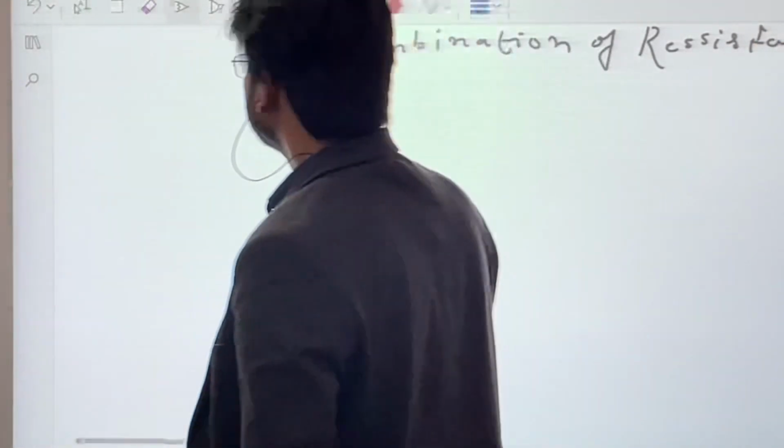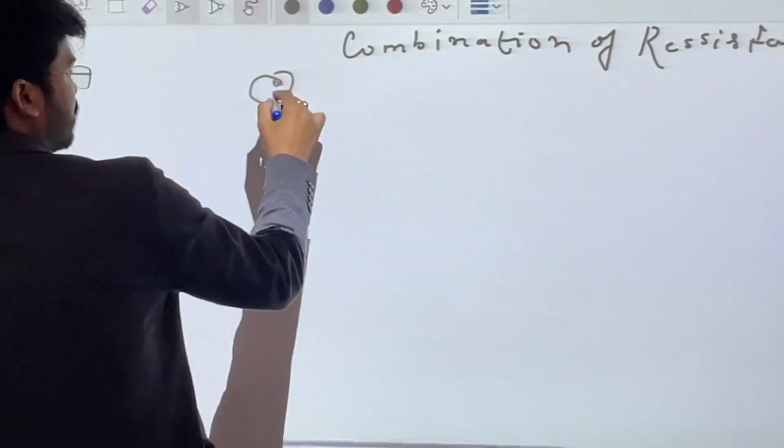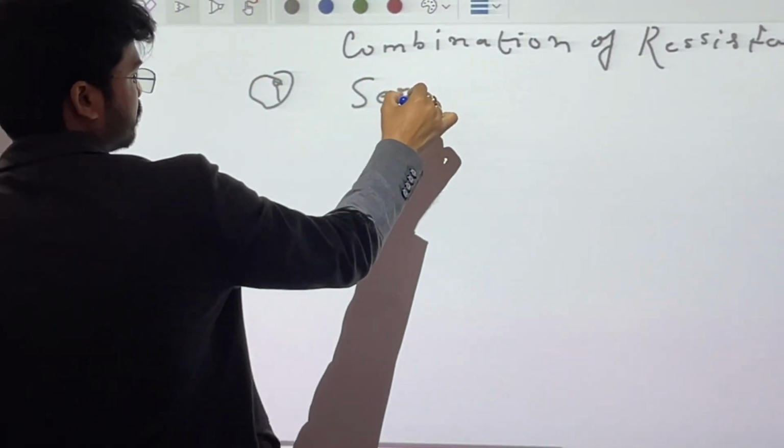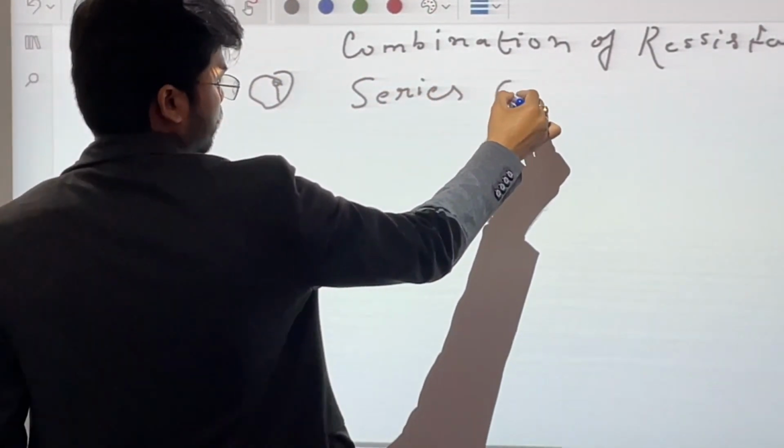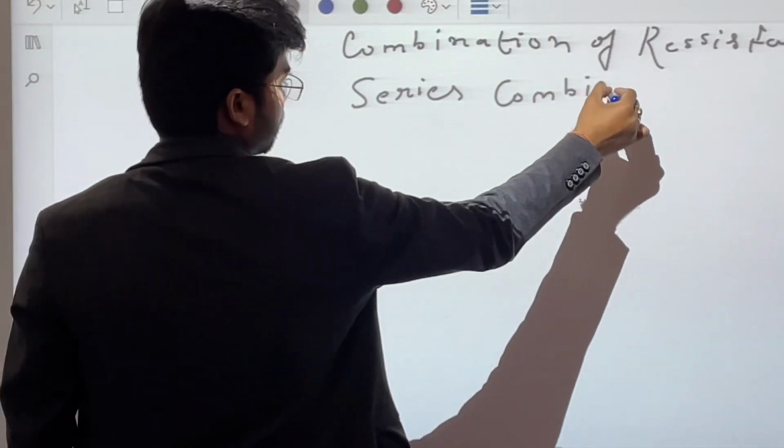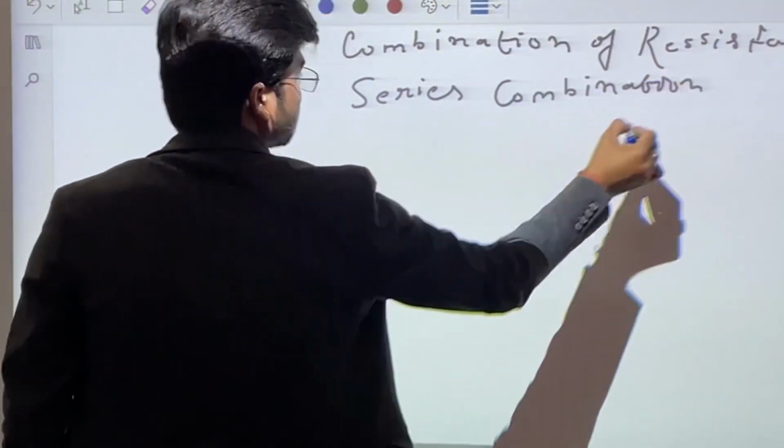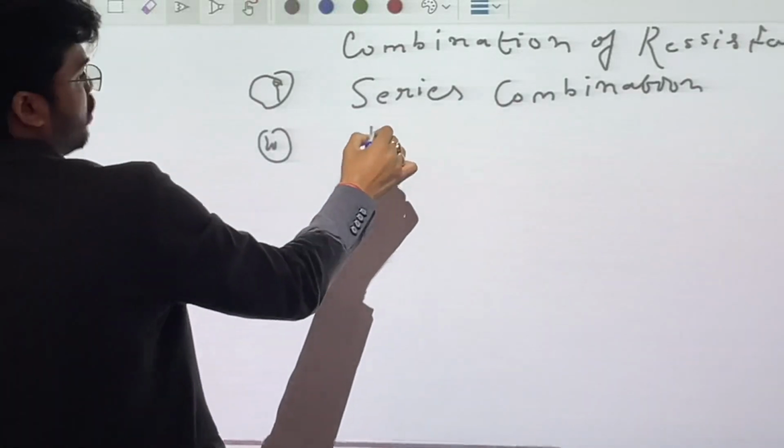So there are two types of combination. First, series combination, and the second is parallel combination.